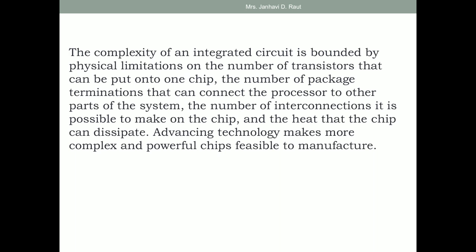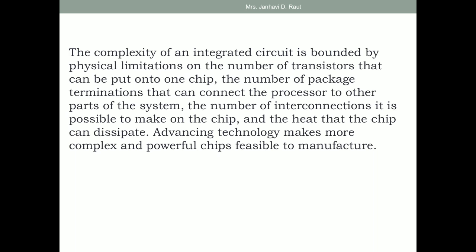The complexity of an integrated circuit is bounded by physical limitations on the number of transistors that can be put onto one chip, the number of package terminations that can connect a processor to the other parts of the system, the number of interconnections it is possible to make on the chip, and the heat that the chip can dissipate. Advancing technologies make more complex, powerful chips available to manufacture.